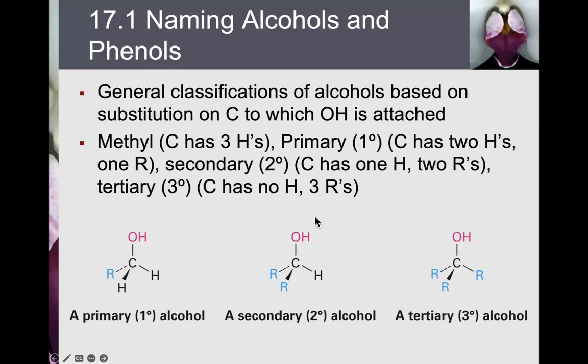And then the tertiary, where three R groups are present. So it depends on the number of organic groups bonded to the hydroxyl-bearing carbon. If there is no R group bonded to your carbon, it's methyl, with only three hydrogens. So take note of this.